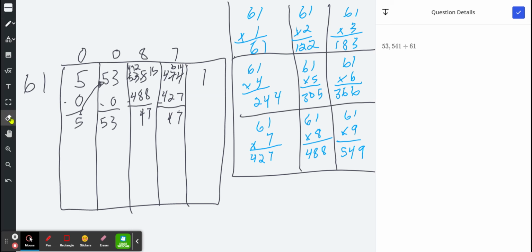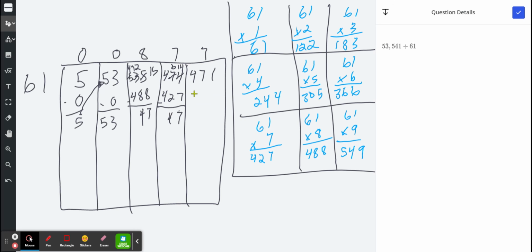I'm going to rewrite it so it's a little bit easier to read. This 47 will come up here to join with a 1 to make 471. And that number is almost the same, right? So if we go back to our list over here, we see 61 times 7 is 427. And if we go to the next one, that's too far. All right, so 61 goes into 471 7 times.